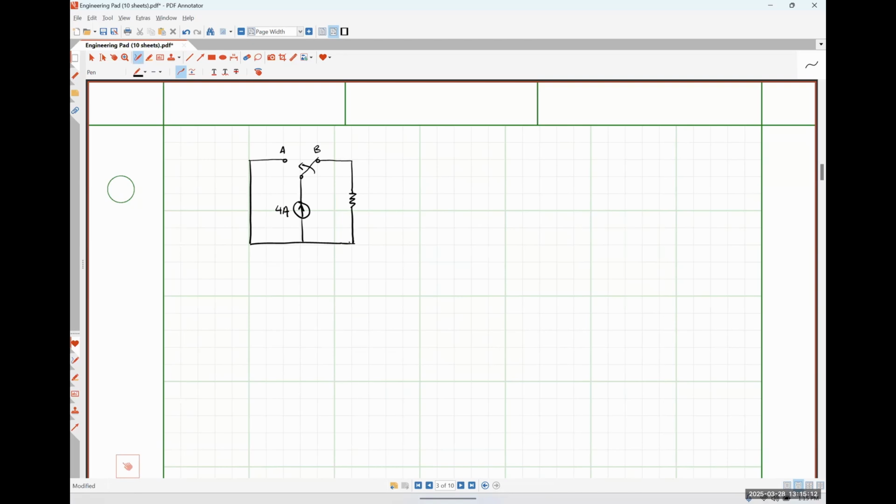So here's my resistor. Kaylee, pick a number between 1 and 20. 12.